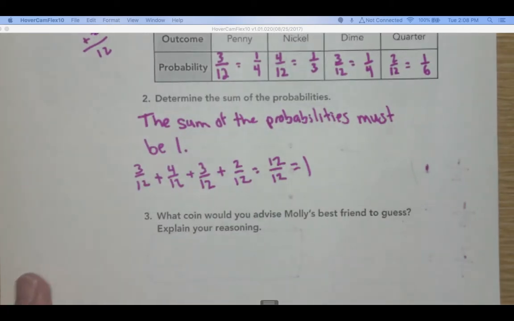3. What coin would you advise Molly's best friend to guess? Explain your reasoning.